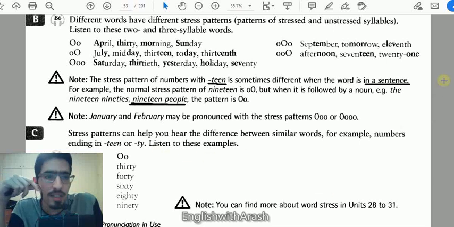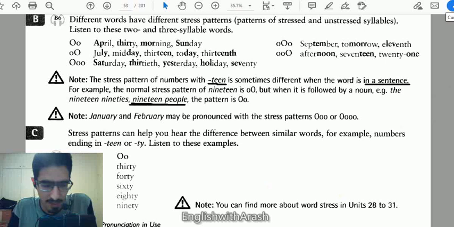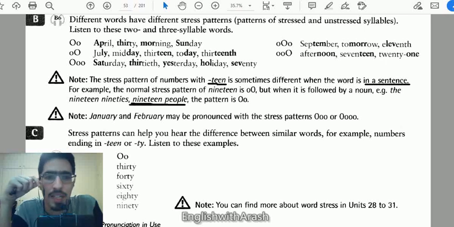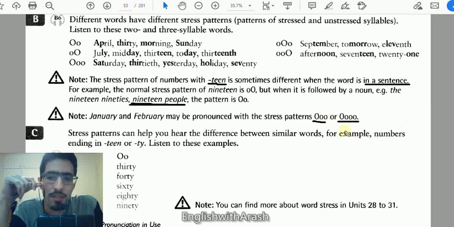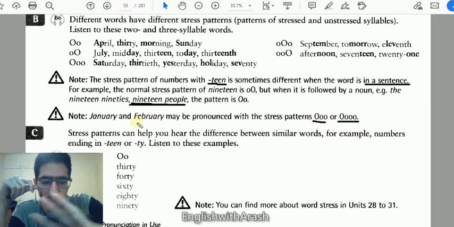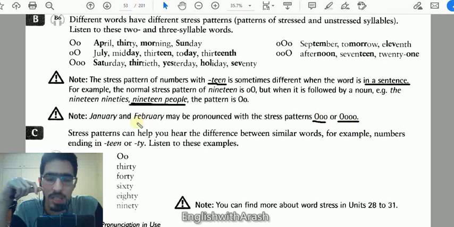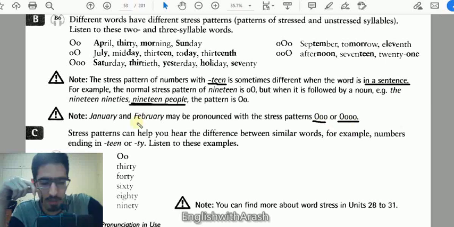So the next part, it says February and January, I think. Yes, February and January, they can have two different pronunciations. Sometimes you say, for example, February, 3 syllables, right? But sometimes you say February, it's 4 syllables.